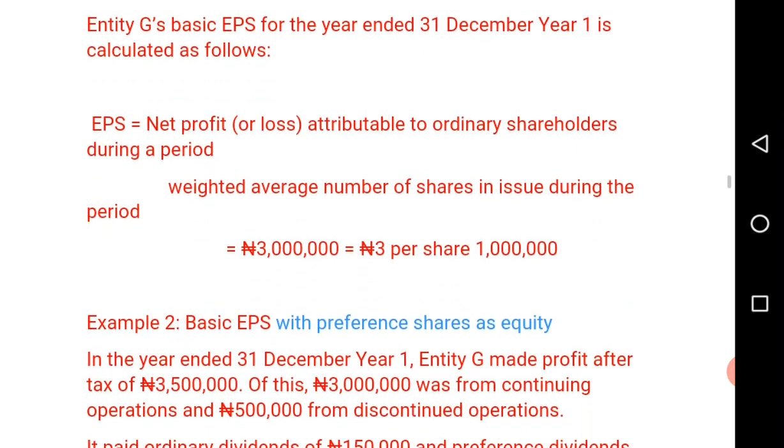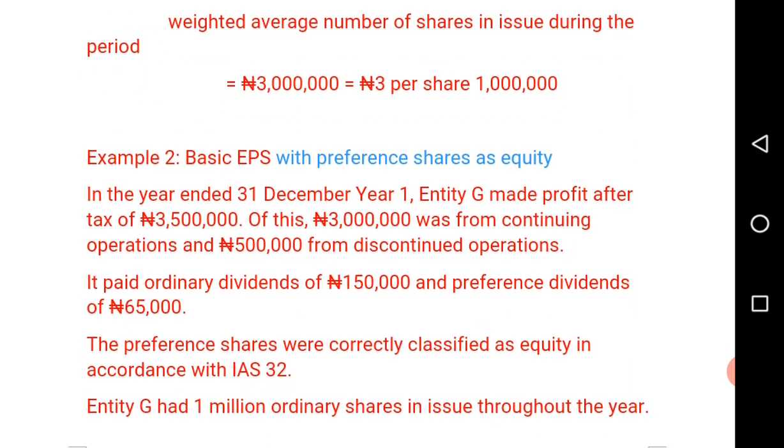Then we move over to example 2 with basic EPS, but this time classified as an equity. The preference shares are classified as equity. Remember, if it is classified as a liability, you don't need to deduct it after profit after tax because it had already been taken care of before the profit after tax.